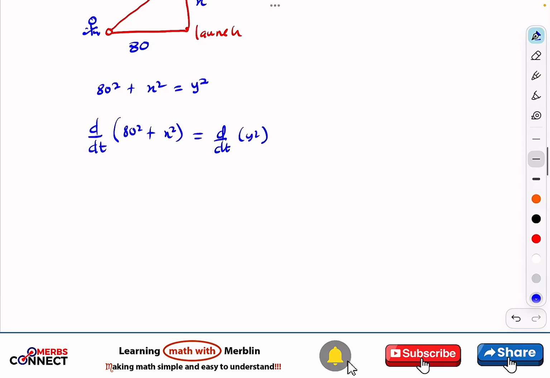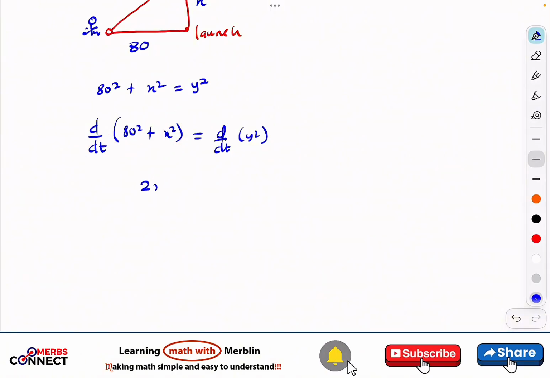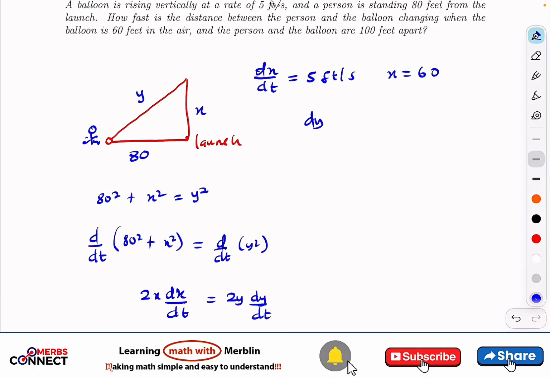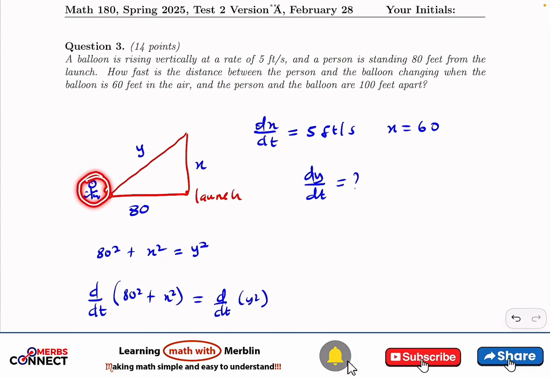When I differentiate a constant, I'm going to get 0. When I differentiate this with respect to time, I'm going to have 2x dx over dt. And when I differentiate this, I'm going to have 2y dy/dt. What are we looking for? We are looking for dy over dt, which is the distance between where the person is and where the balloon has reached.